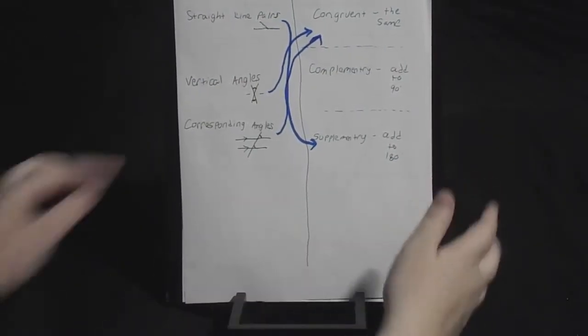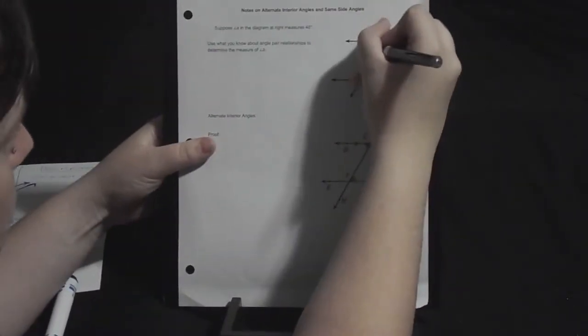So now we're going to start the notes on two more relationships. The first one we're going to learn is called alternate interior angles. So, suppose A in the diagram is 48. Okay.